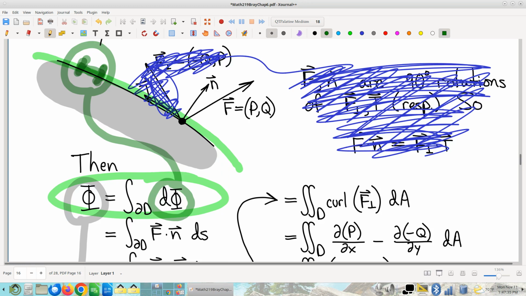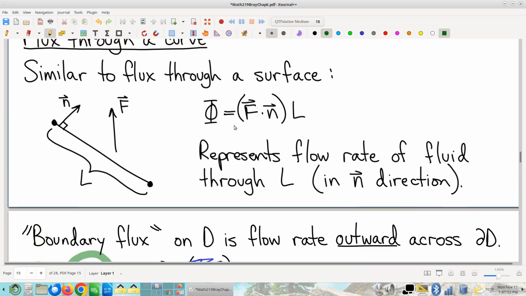So it's approximately straight, and also, being a little piece, we're going to assume it's pretty small, and when things are small, continuous functions just don't have that much time to change over those small little pieces. So on that little piece, we can use this formula right here: vector field dot normal vector times the length of the piece.